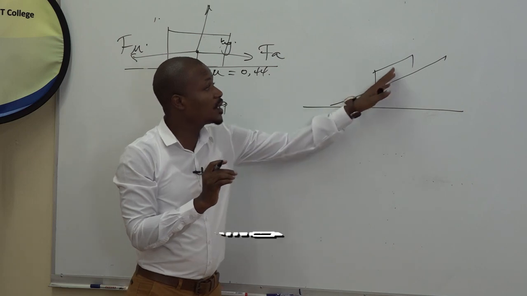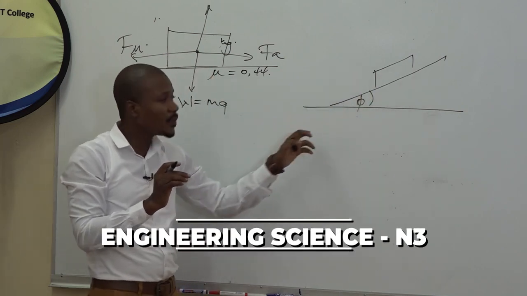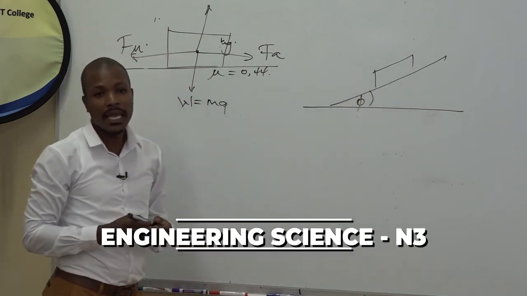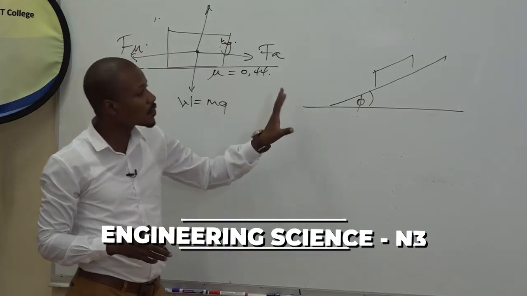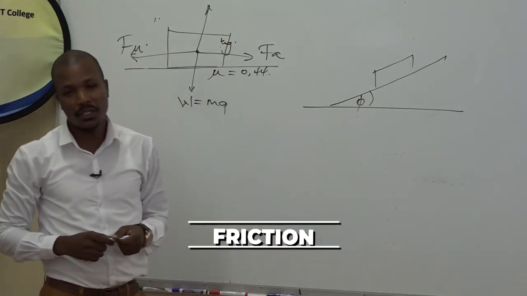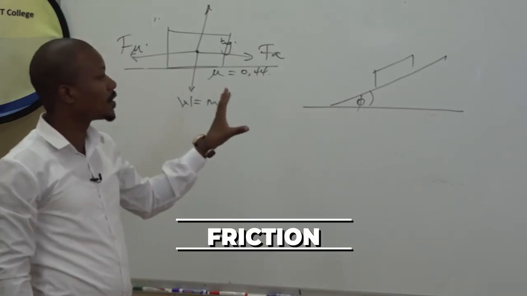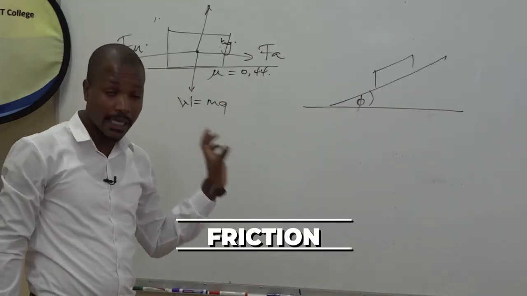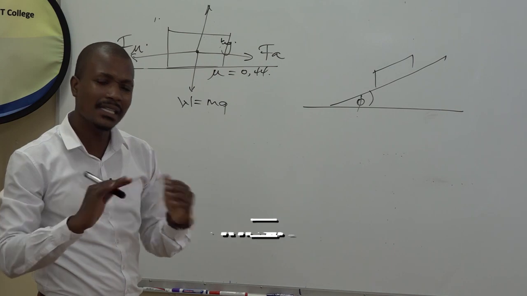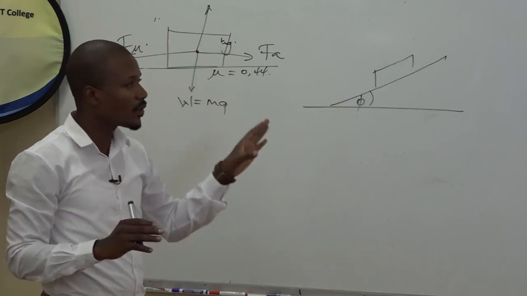Remember, for this object to slide, we need to understand how much angle we are having there. And we are also going to be looking at the forces which are affecting this particular object when it's placed on an inclined plane. Now, there are slight differences when it comes to the equation.